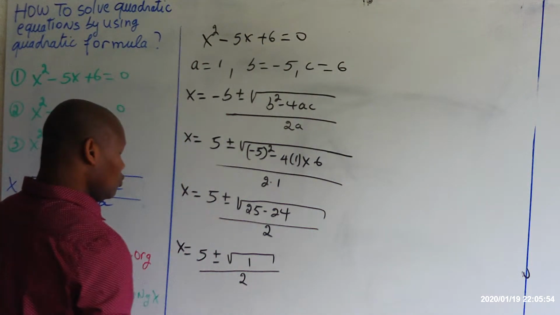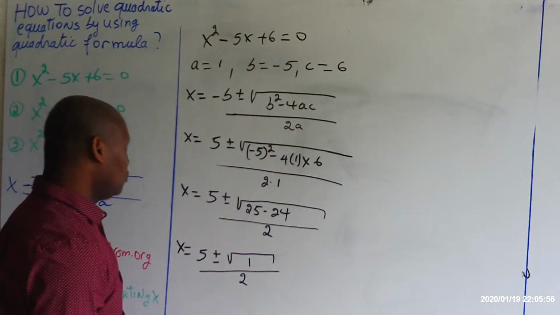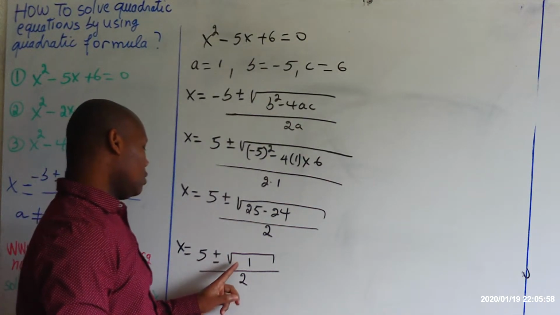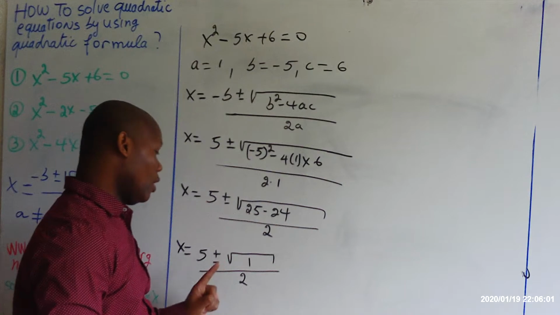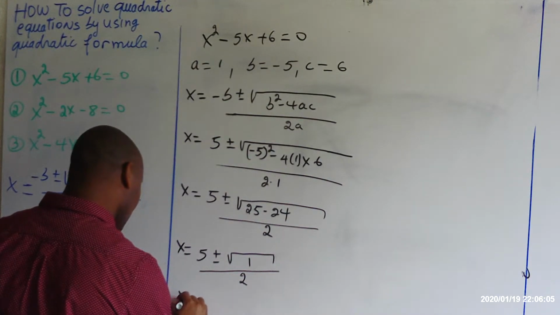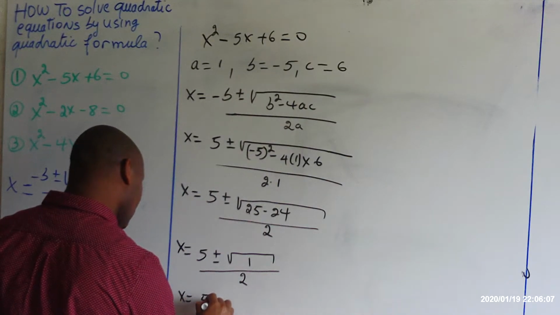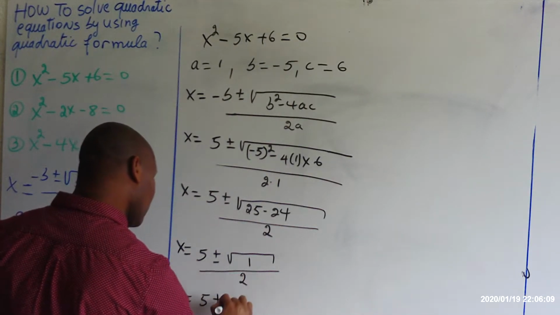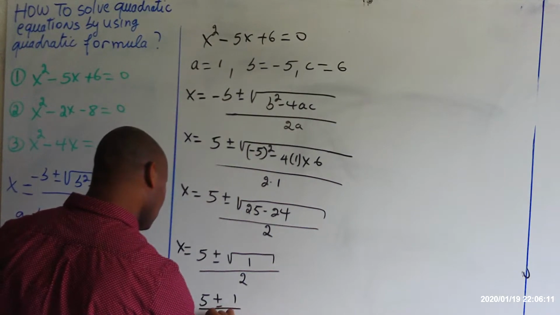So, you have to know the radical term. The square root of 1 is 1. Okay, the square root of 1 is 1. So, we have 5 plus or minus the square root of 1, which is 1, over 2.